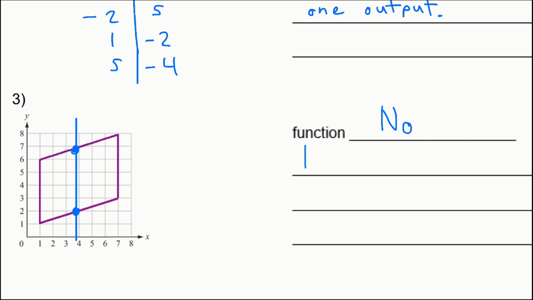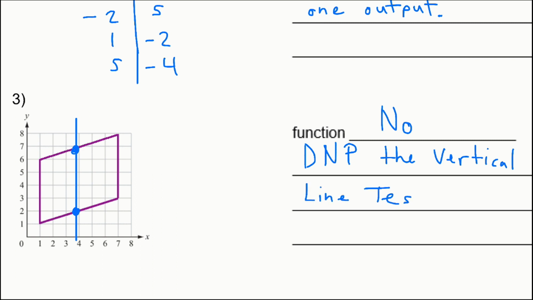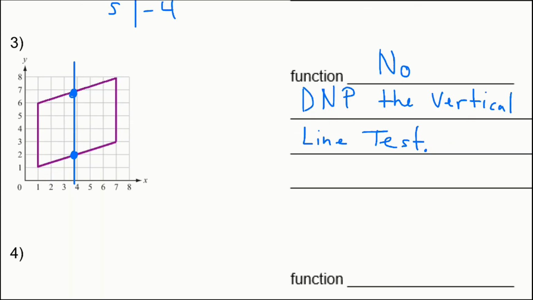And the reason is it does not pass the vertical line test. That just means each input does not have exactly one output, so that explanation could work as well. That's number 3. And then number 4.